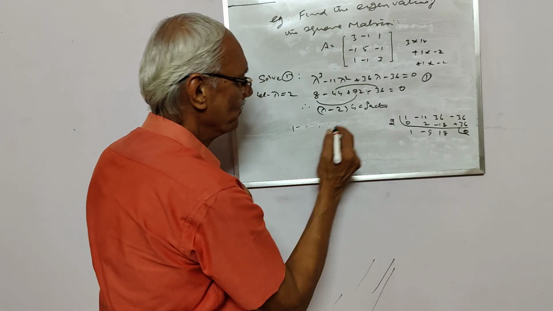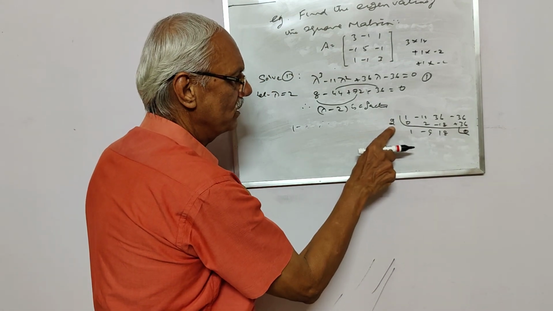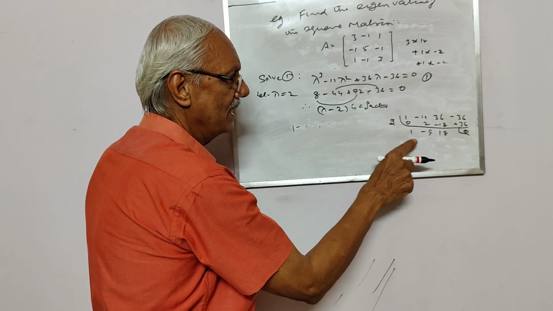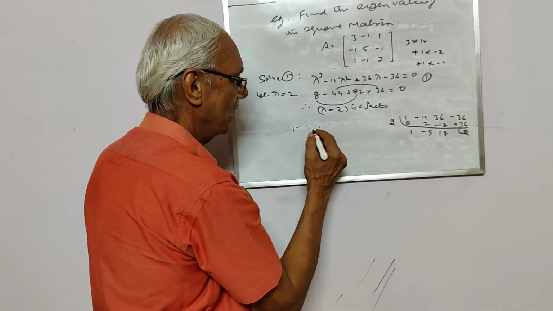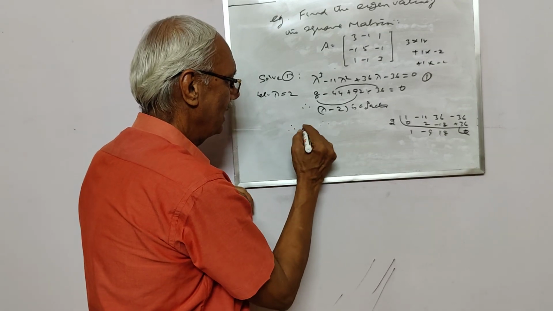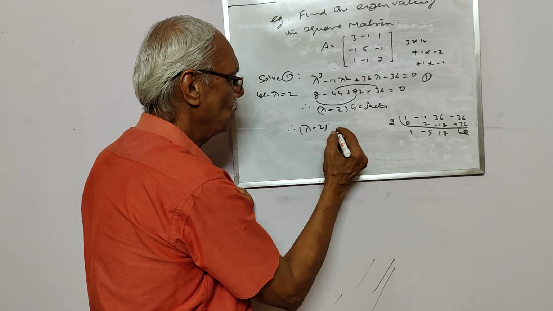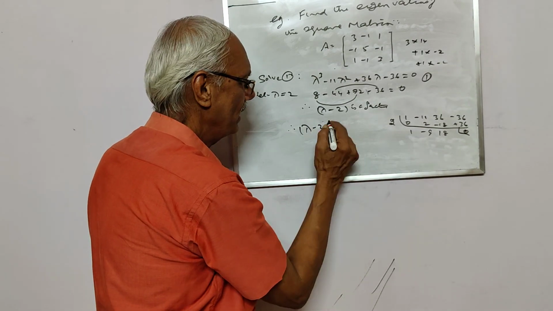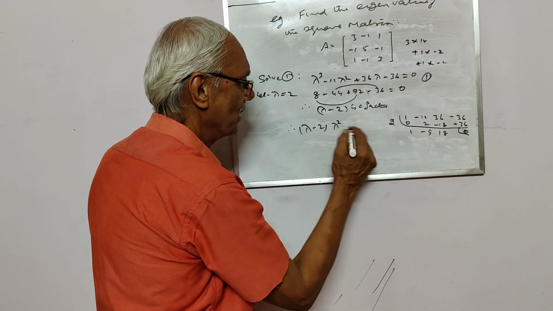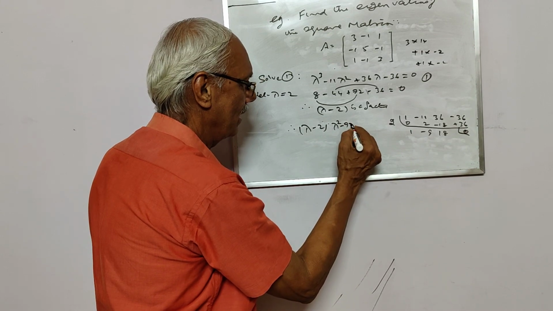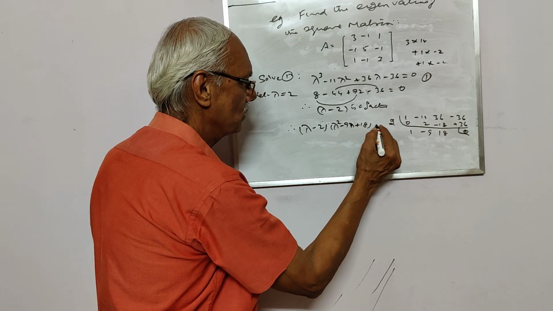So what is that you get? So lambda minus 2 is a factor. Then another factor is, therefore, lambda minus 2 into lambda squared minus 9 lambda plus 18 is equal to 0.